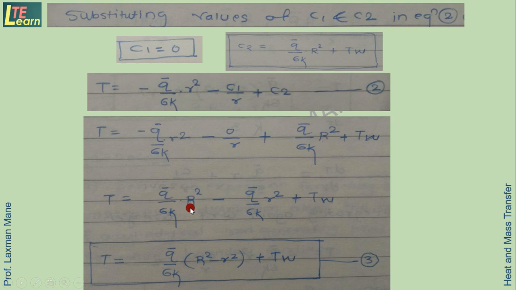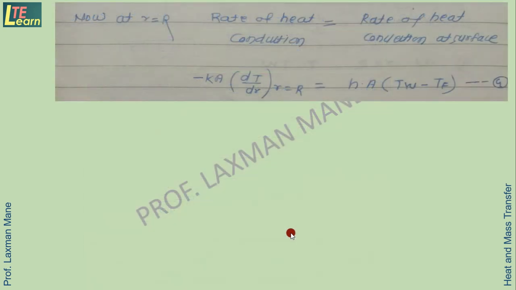In this we further simplify the equation in this way. Here we take q by 6k common, so we get here capital R square minus small r square in the circular bracket plus TW. This is equation number 3.